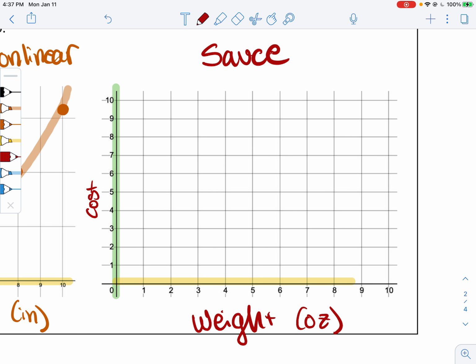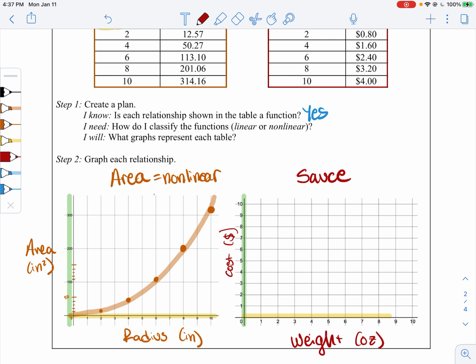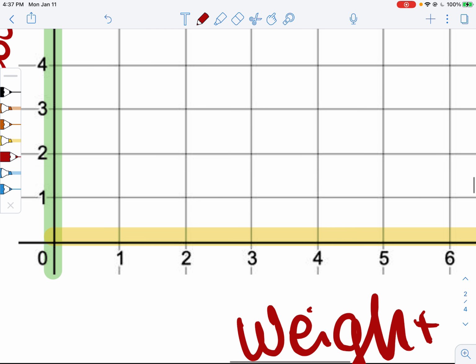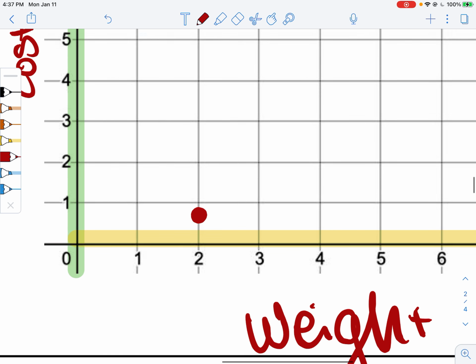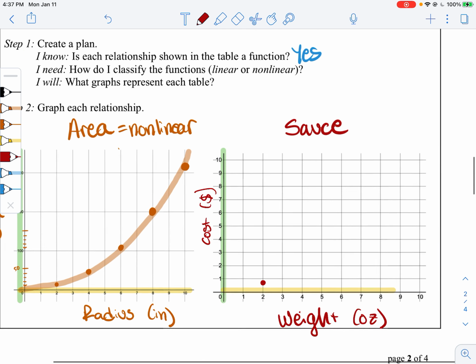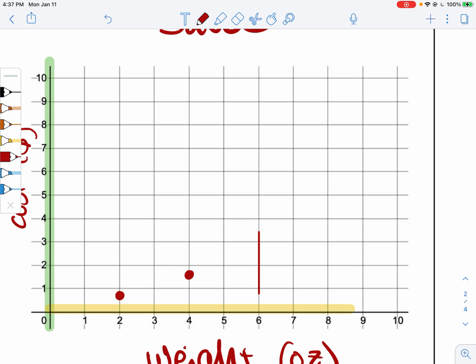So there you go. Okay, so we have 2 ounces costs 80 cents. It's going to be about there. 4 ounces costs $1.60, just a little bit more than halfway between. 6 is $2.40. We're going up here. Oh, $2.40, whoops, just a little bit less than halfway. 8 is $3.20.